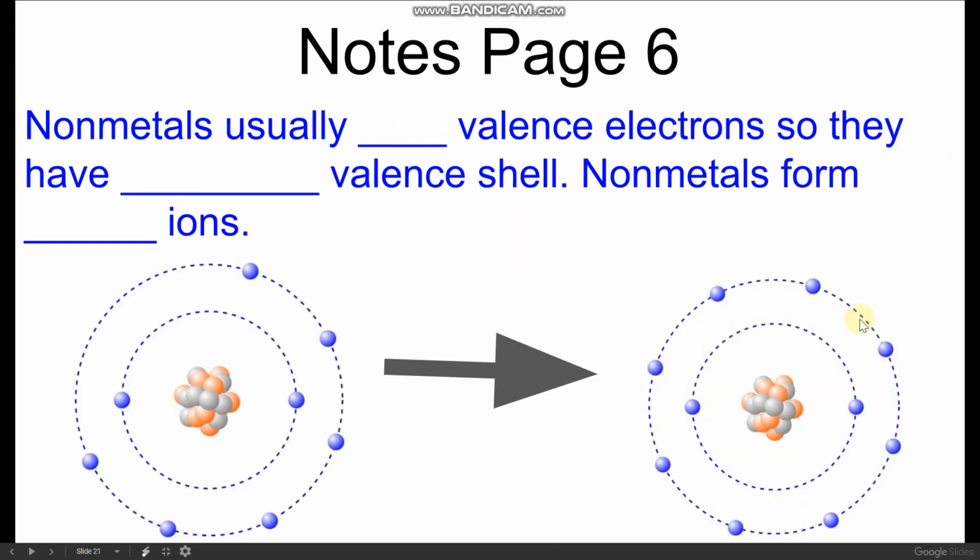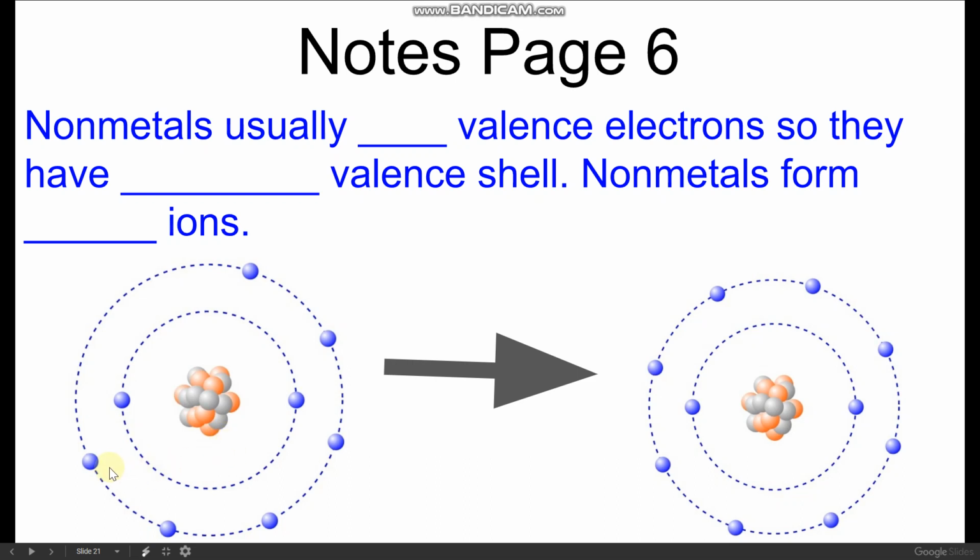Okay, and so here we have an example of an oxygen atom. We can tell it's oxygen because there's 1, 2, 3, 4, 5, 6, 7, 8 protons, and oxygen is atomic number 8 on the periodic table.